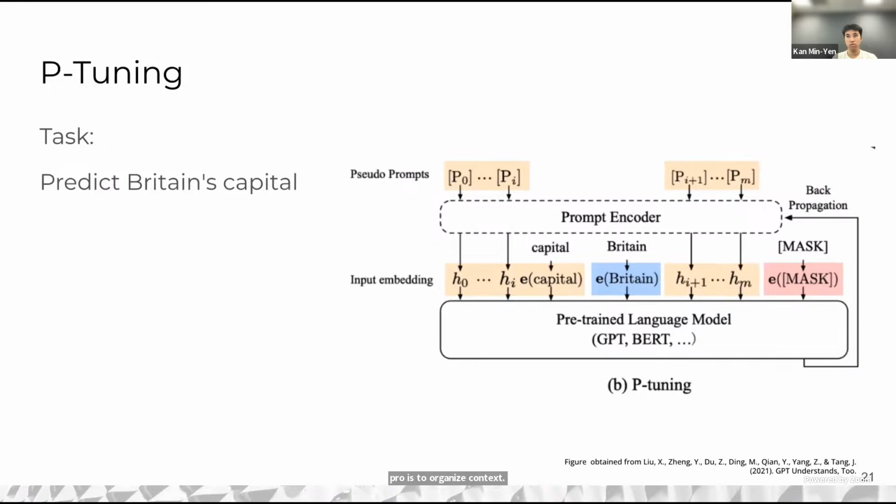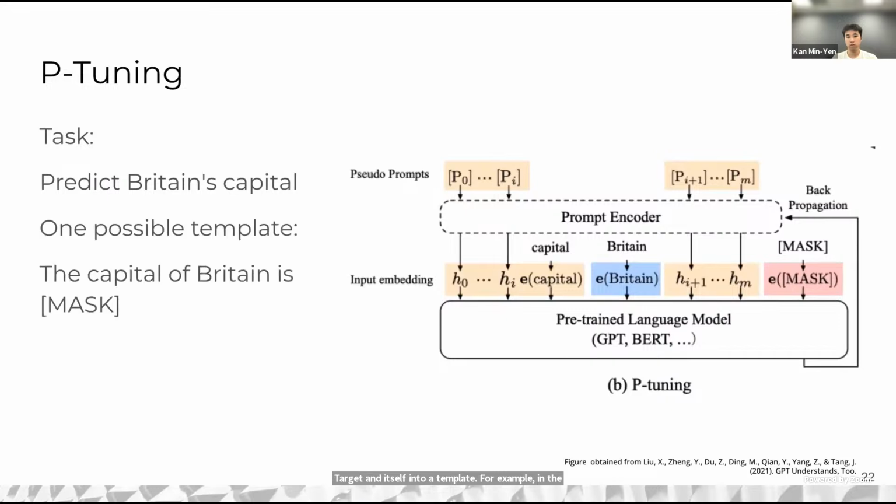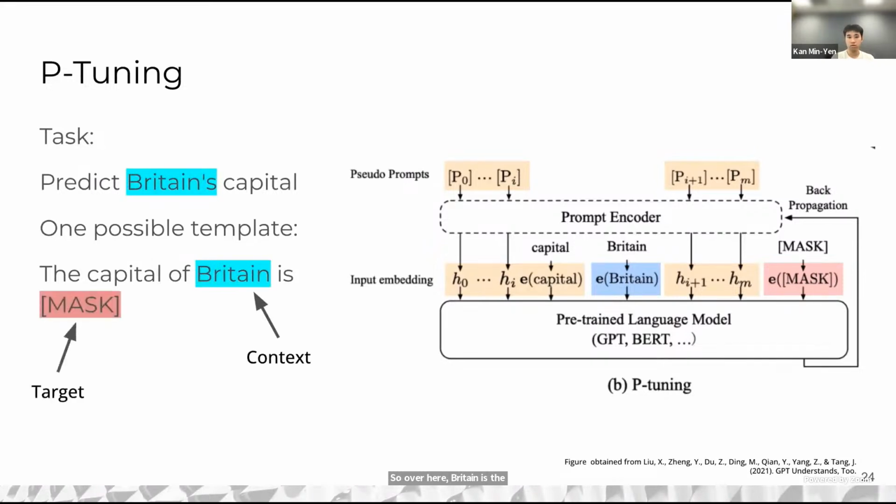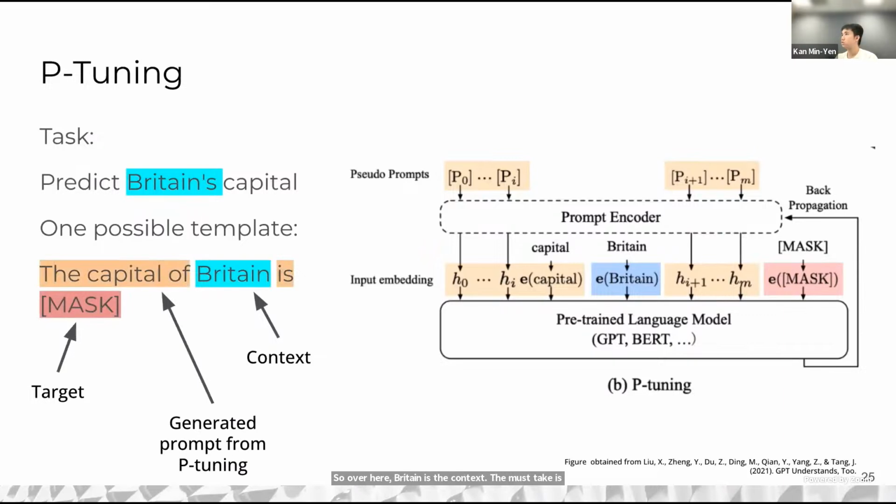For example, in the task of predicting Britain's capital, a template may be "the capital of Britain is blank", and this blank is replaced by the mask tag. So over here, Britain is the context, the mask tag is the target, and the remaining words, "the capital of", that is actually the generated prompt.